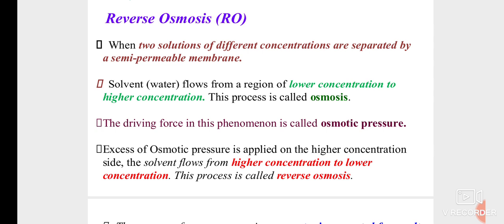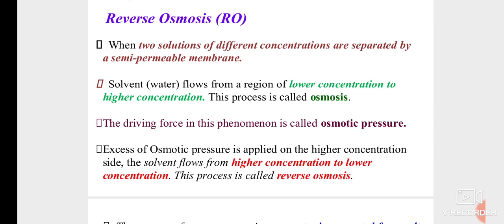Solute plus solvent is called a solution. So here we use two different solutions: one is the higher concentration solution, another is the lower concentration solution. The two solutions are separated by the semi-permeable membrane.